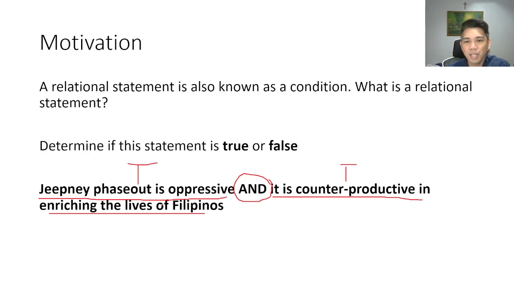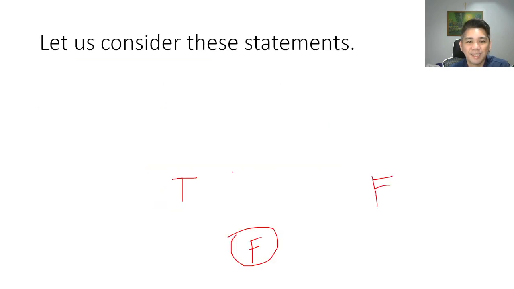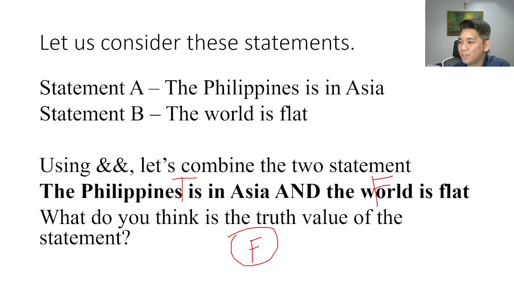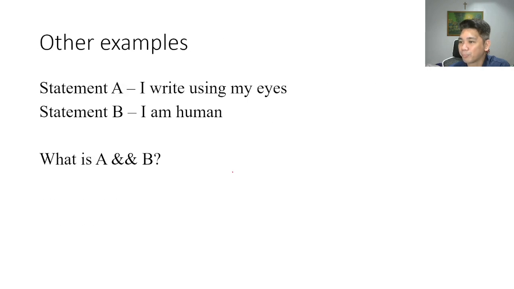Now, using that knowledge, let's go back to the motivation part. The first statement is true. The second statement is true. Since both are true, the whole statement is actually true. Now let's have more drills. Statement A, I write using my eyes.